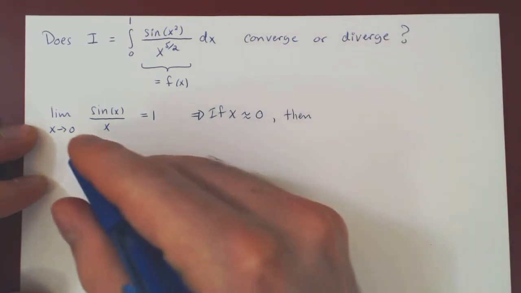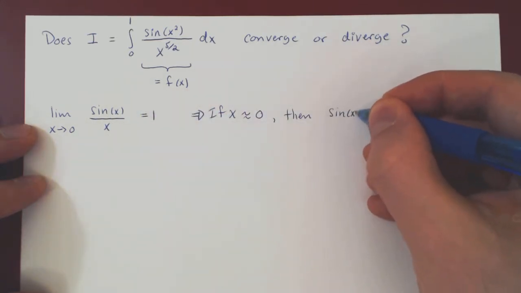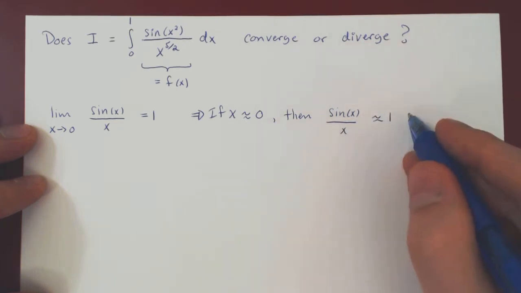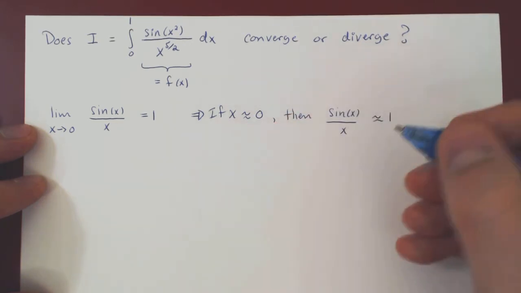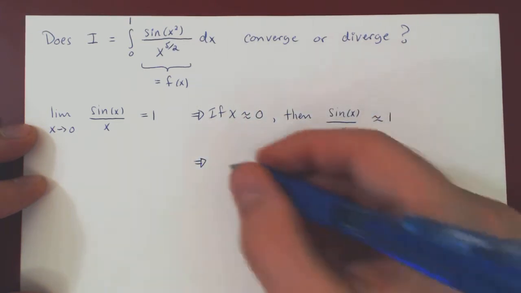So if x is very close to 0, sine of x over x is very close to 1. If you multiply through by x, the implication, of course, is that sine of x is approximately x.